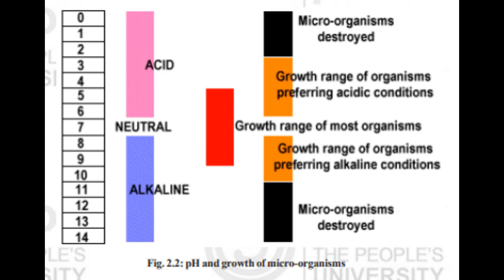2.5.3 Interaction between growth factors. The effects that factors such as temperature, oxygen, pH, and aw have on microbial activity may be dependent on each other. Microorganisms generally become more sensitive to oxygen availability, pH, and aw at temperatures near growth minima or maxima.